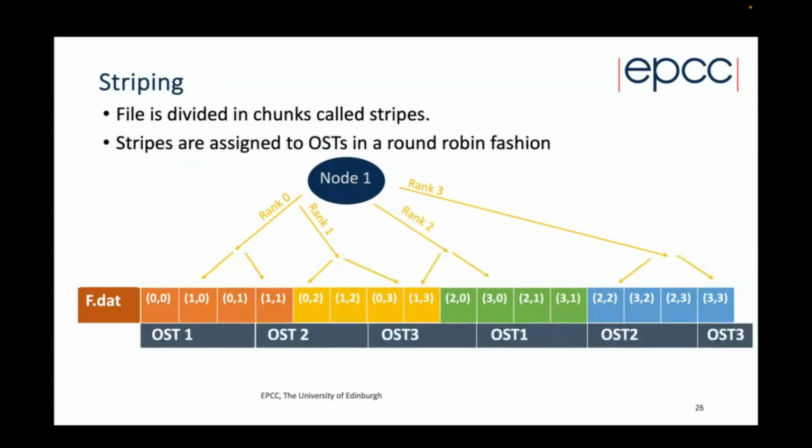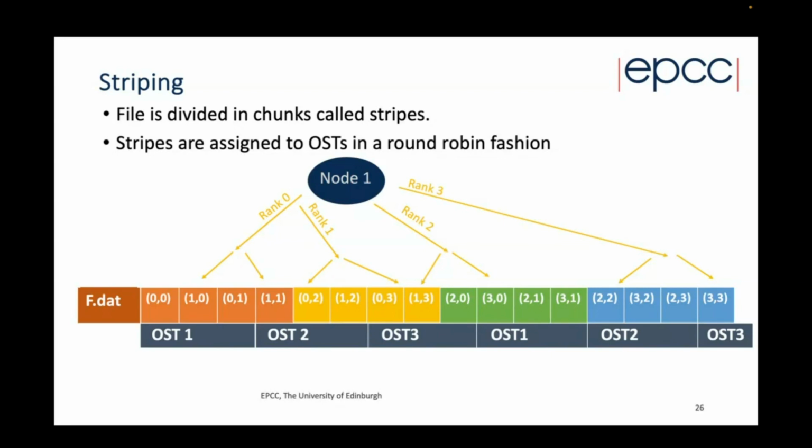The answer is called striping. Essentially, you stripe the file across different OSTs, and each stripe is assigned to a different OST. In this example case, we're using just 3 stripes, which means we'll be using 3 different OSTs. Then we divide the file into chunks of fixed size, and each chunk is assigned to a stripe.